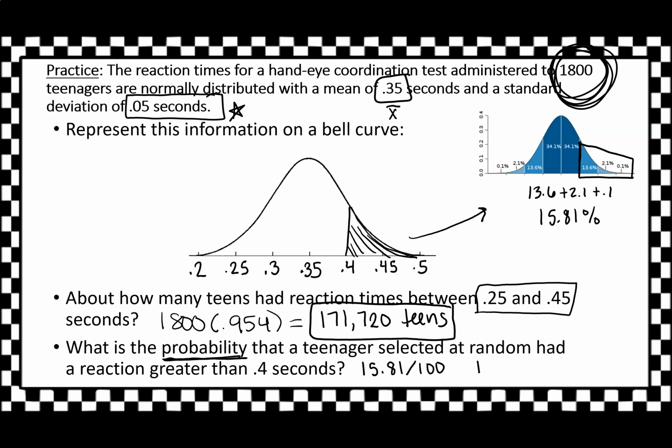So that's going to give me 1581. And then I'm going to multiply this by 100, right? Because I've moved the decimal twice. So this is going to be, or you could just think of it as adding 2 zeros, if you will. And so that leaves me with 1581 over 10,000 is my probability. I tried to reduce that on my calculator. It's not reducible, so we can leave it just like that.